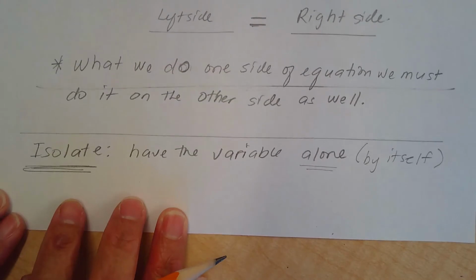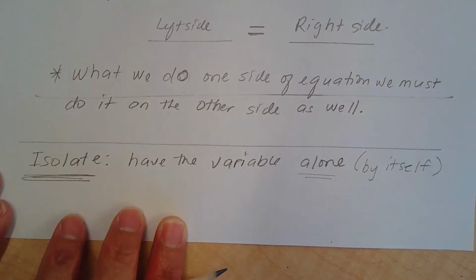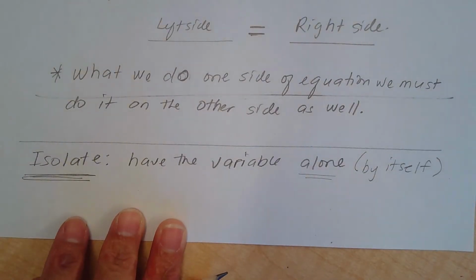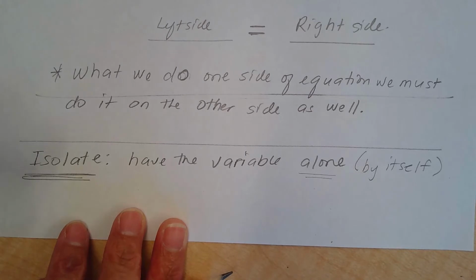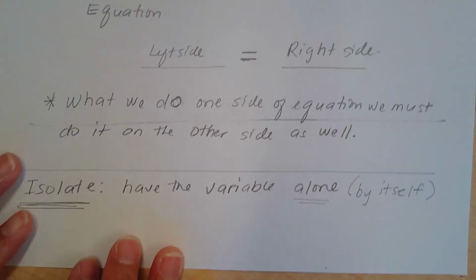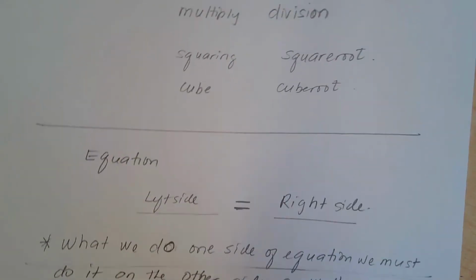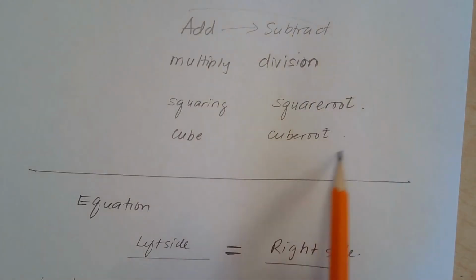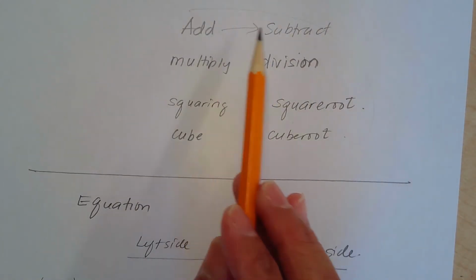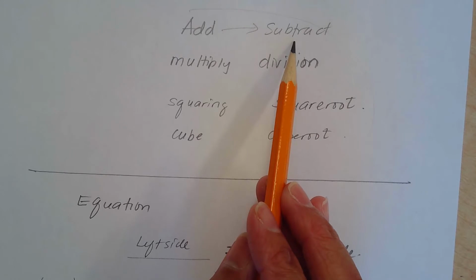Okay, so we haven't really done a lot of things in here yet. We talked about what is an equation. We talked about the equation having a left side, a right side, and an equal sign in between. That's what an equation is. And we said that we're going to do an opposite operation. If you see adding, there's a subtraction that we're going to do.